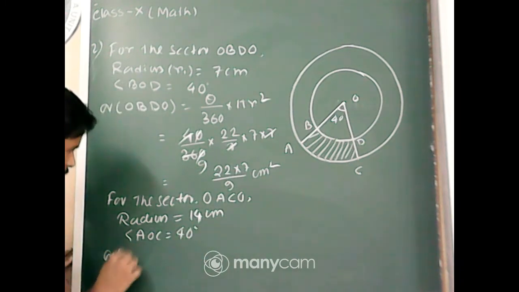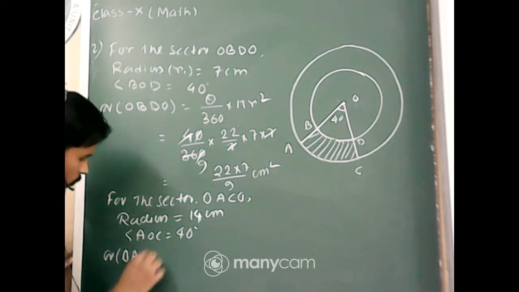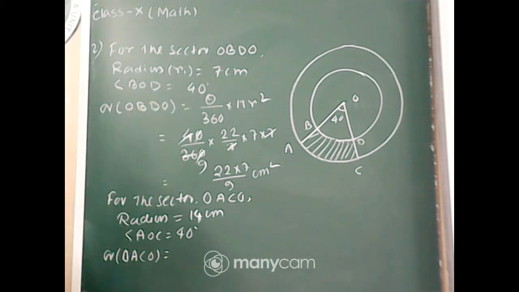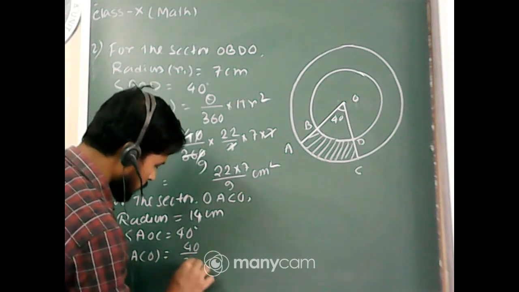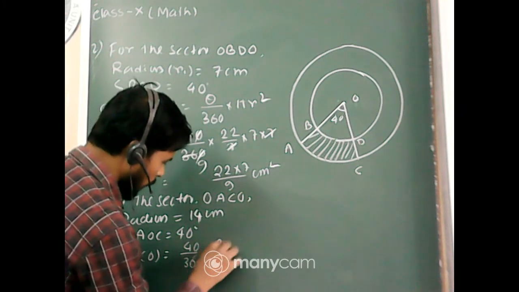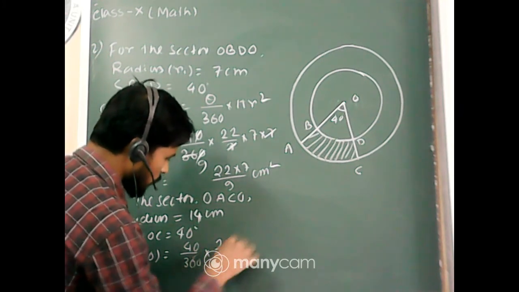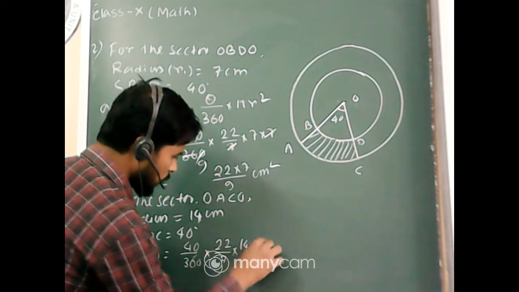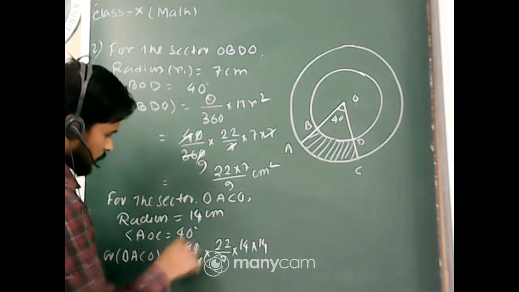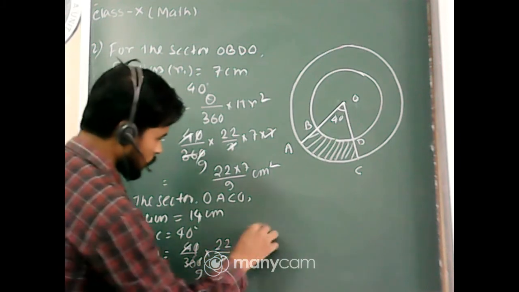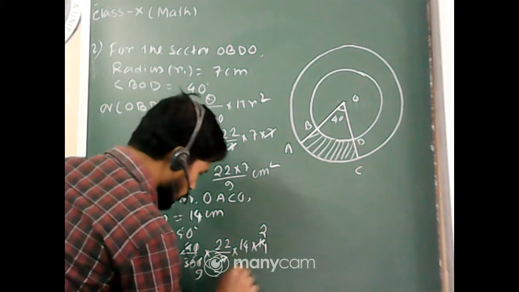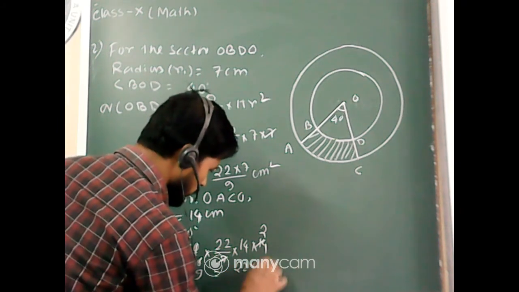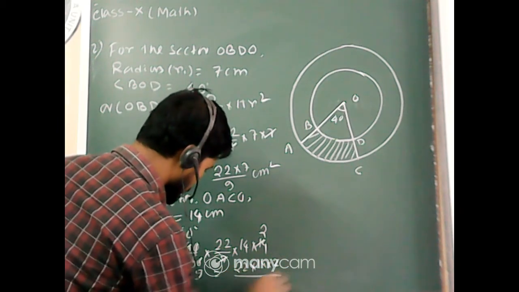So the area of the sector OACO is, applying the same formula, 40 by 360 into pi, that is 22 by 7, into 14 square, 14 into 14. 7 2s are 14. So this area is equal to 22 into 14 into 2 by 9.